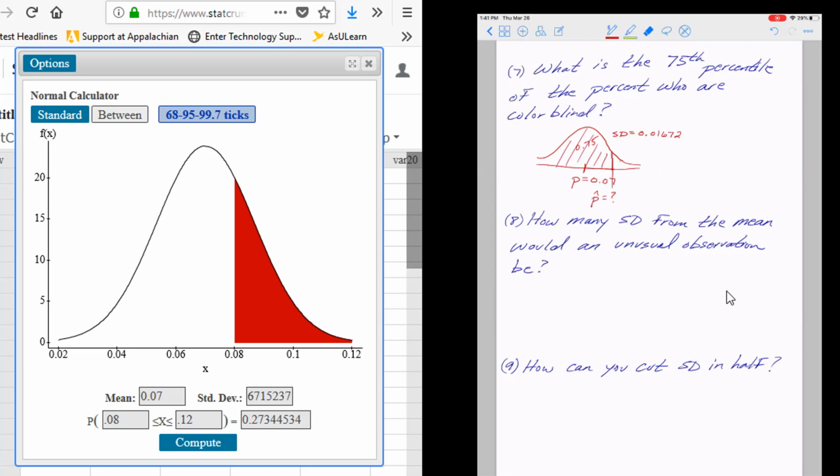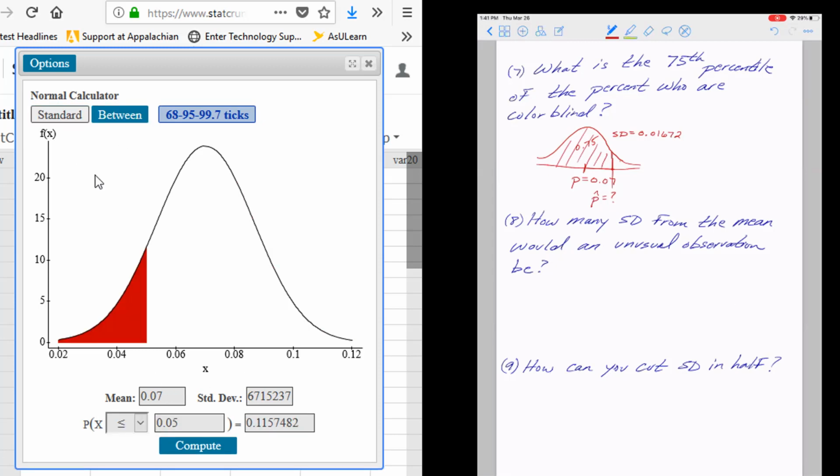So this time our notation would look different in the computer. Let's go over here. So I'm going to go back to standard. I'm keeping all of my attributes the same, means the same, standard deviations the same. And we want our area point to the left. This is a percentile. We know they are always cumulative, area to the left.